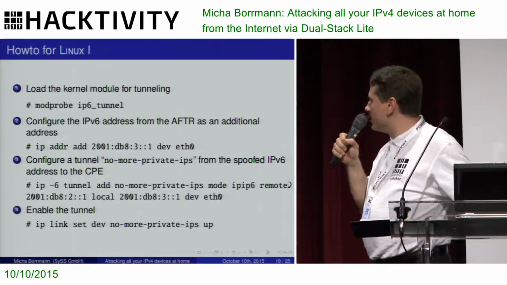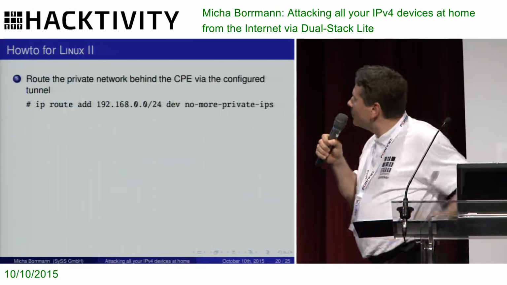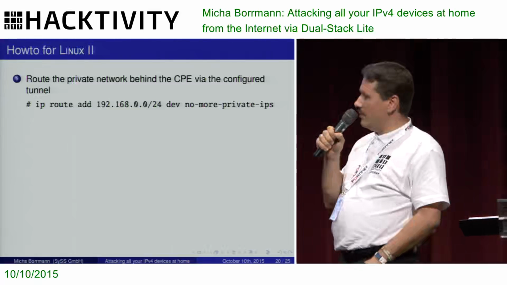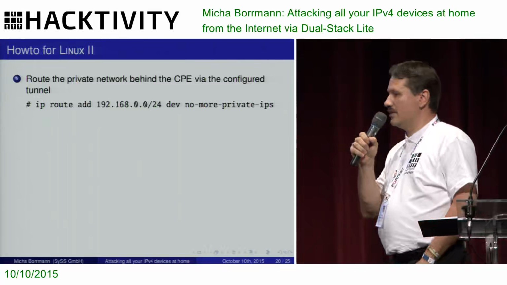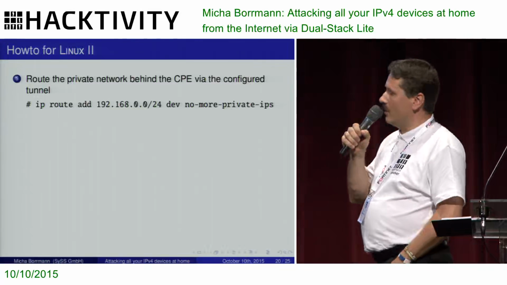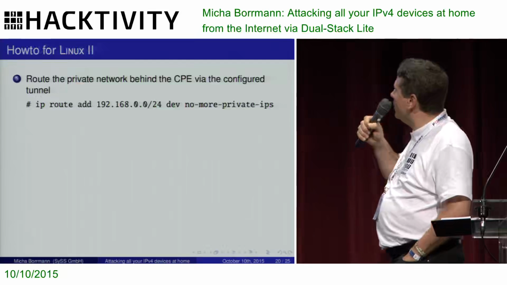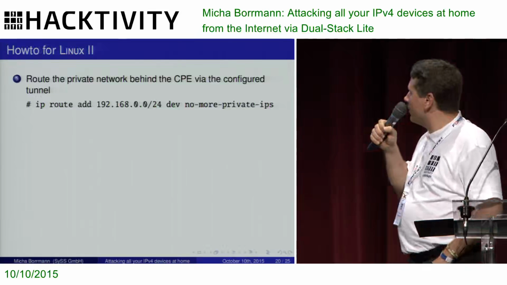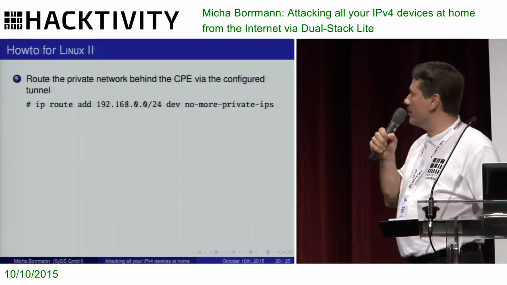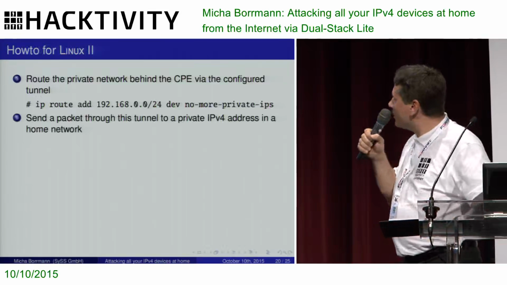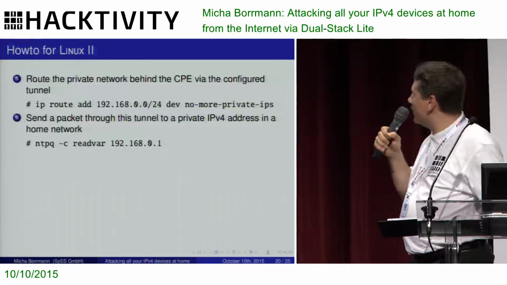Then you have to enable the tunnel. After that, you have to enable a routing to a private or to any used IPv4 network behind this CPE. Mostly it's 192.168.0.0 or something different. Mostly it's vendor dependent. And then you have to send a packet through this tunnel to a private network.